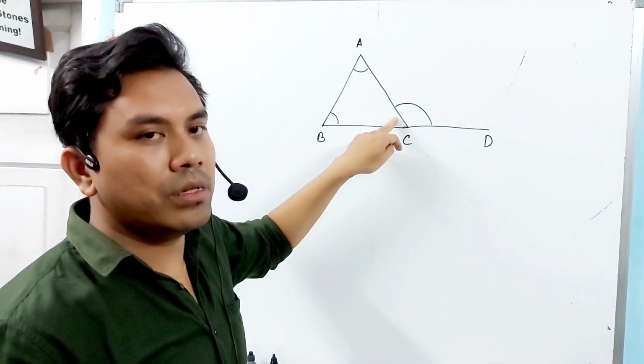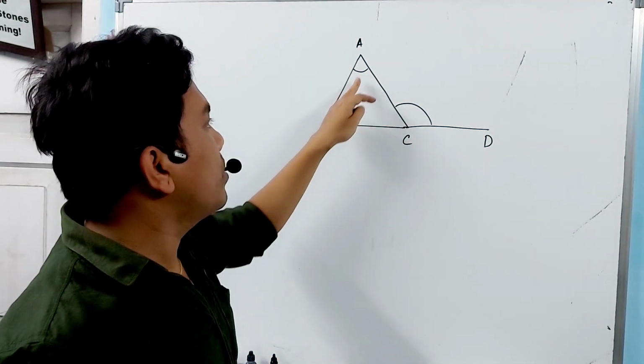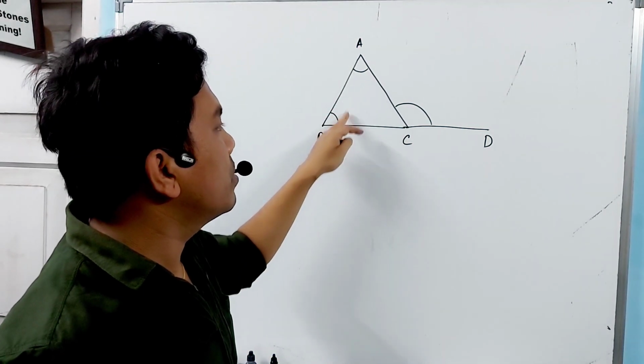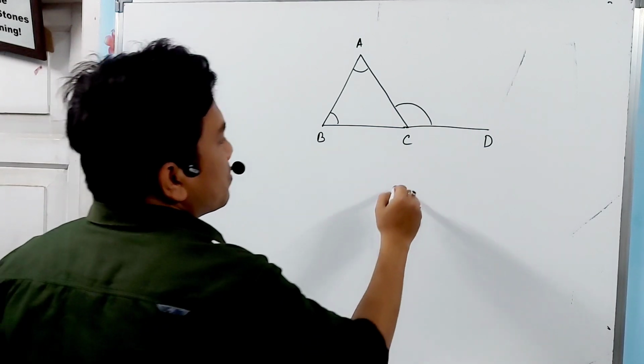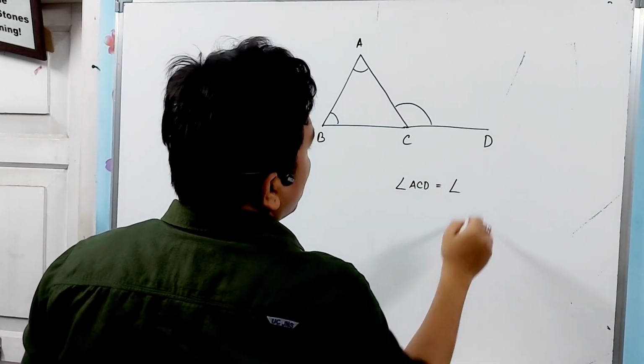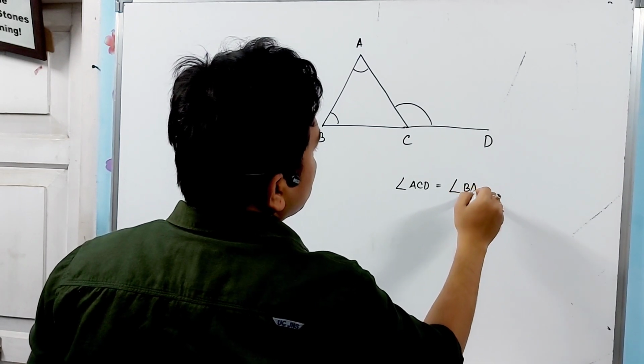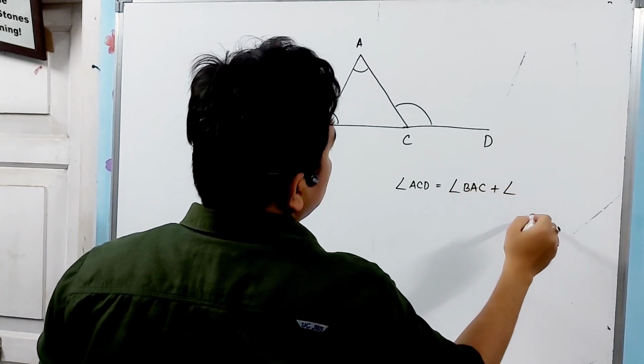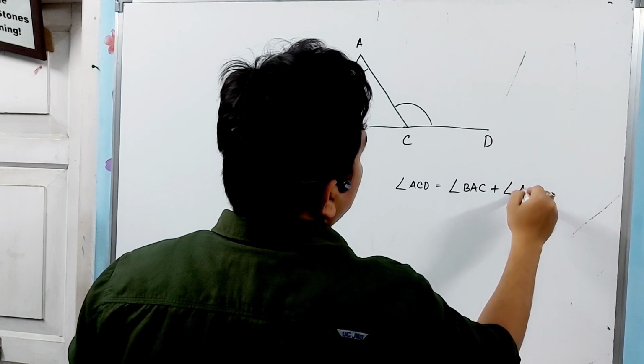This is the adjacent interior angle. These two angles are remote interior angles. So we have to prove that exterior angle ACD is equal to angle BAC plus angle ABC.